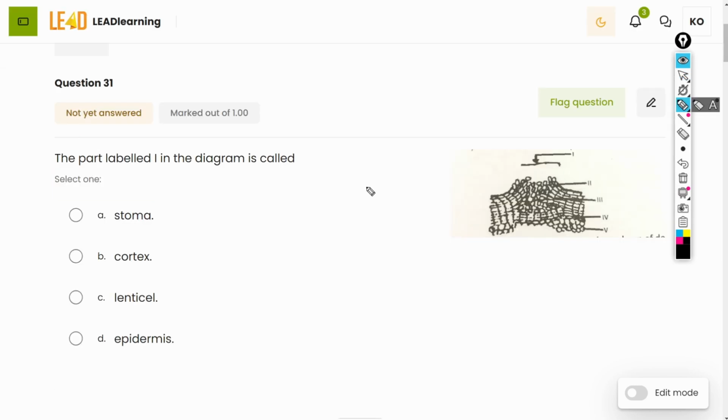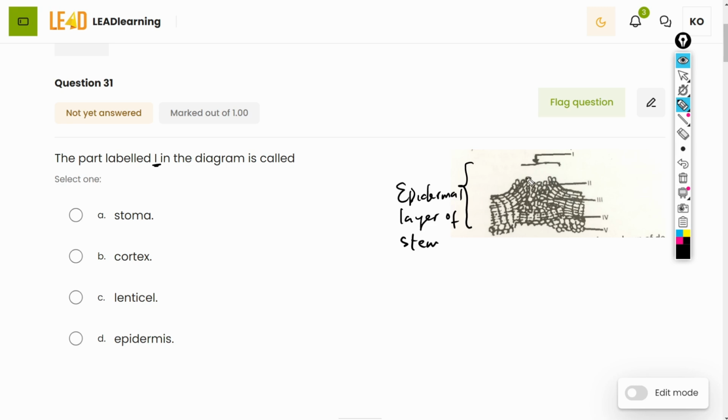Question 31. The part labeled 1 in the diagram is called. Okay, first of all, let's look at this diagram. This diagram is clearly the epidermal layer of a stem.